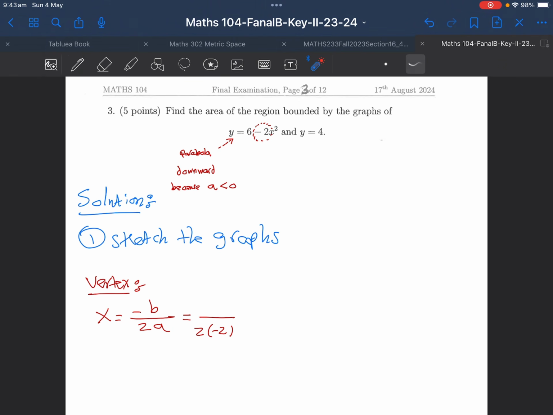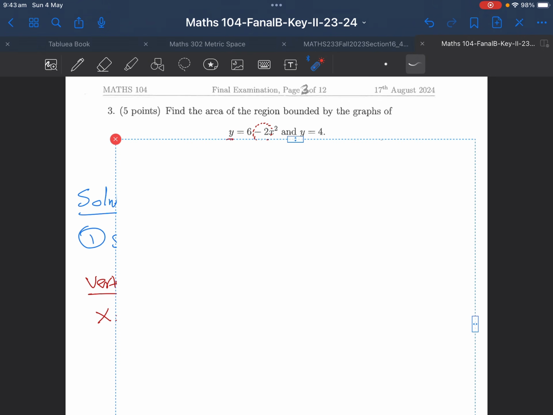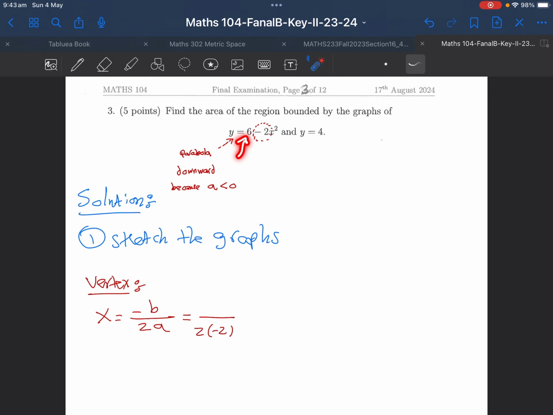What is b? b is the number in front of x. Can you see any number in front of x, only x? The answer is no. So this one is c, this one is a, so where is b? b will be equal to 0, and the final answer is x equal to 0.